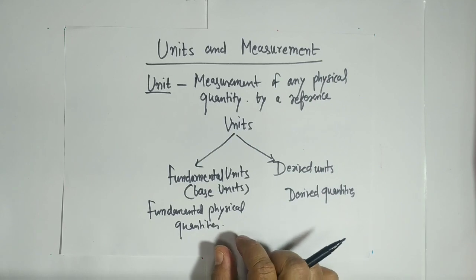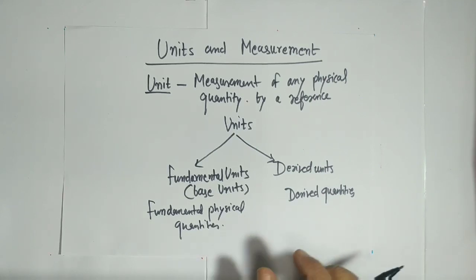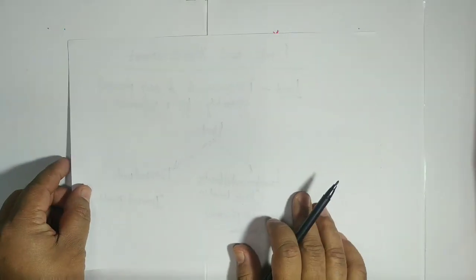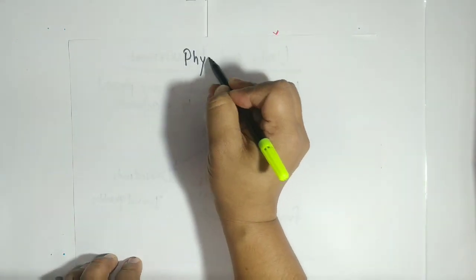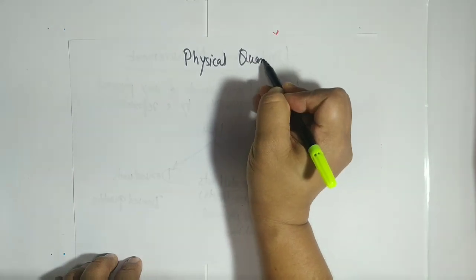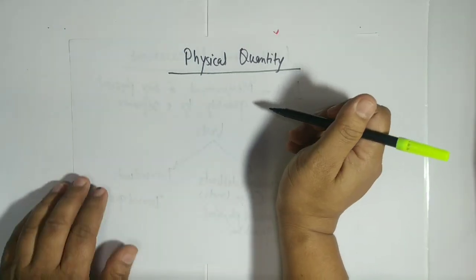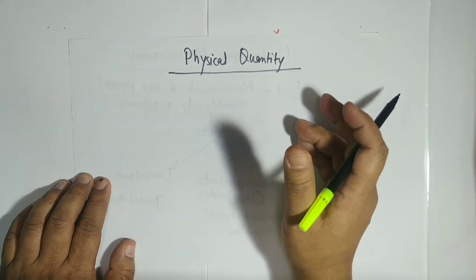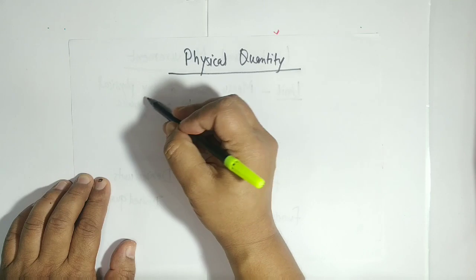They are used for the fundamental physical quantities. Now, how do you define a physical quantity? Question is there. Now we have heard of physical quantities like mass, length, time. A physical quantity has a particular number and unit. How do we define it?